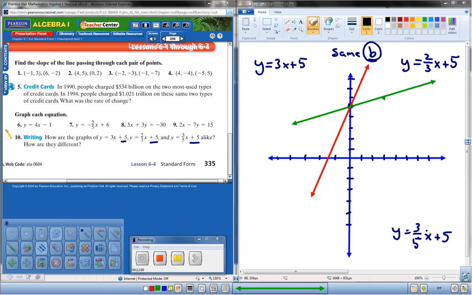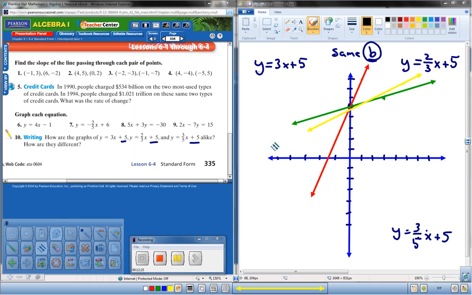The last line, which we'll do in yellow, has a slope of 3/5, so that's up 3 over 5. That's going to be about right there, and that line is going to look like that.